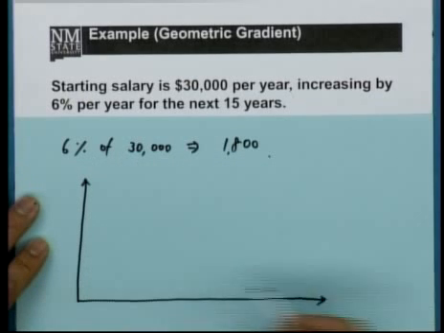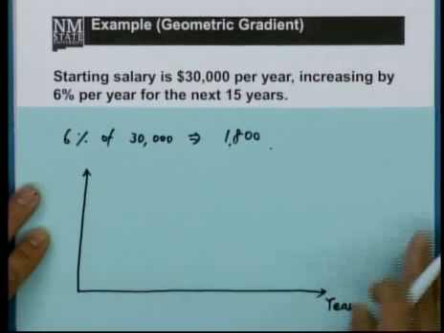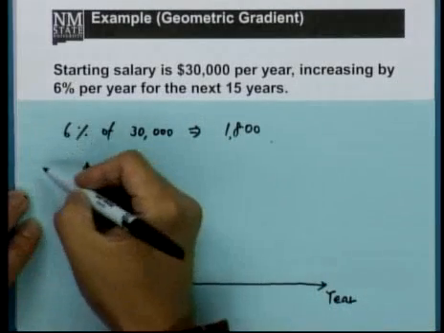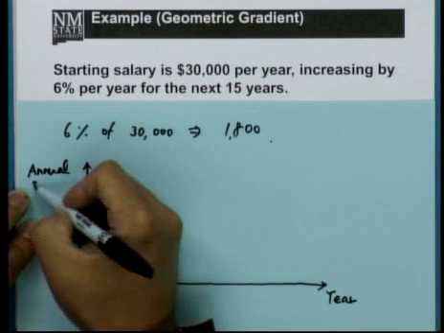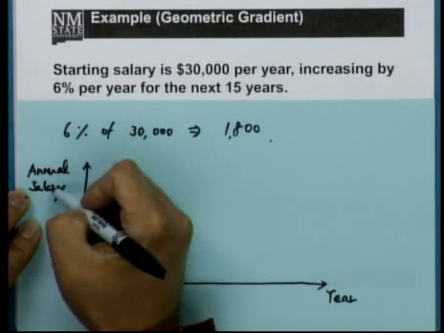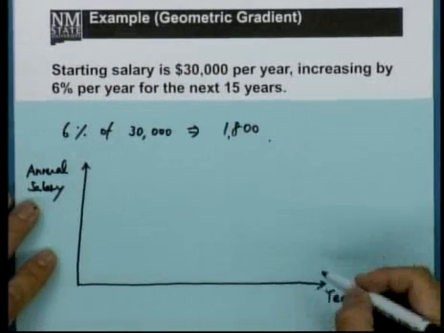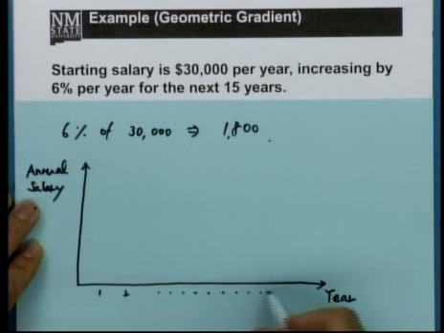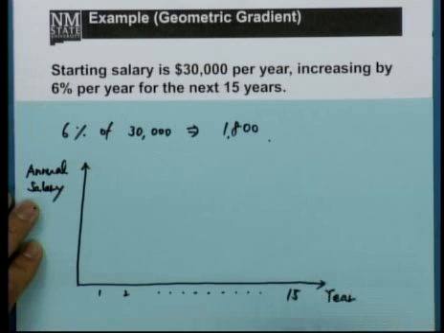So the horizontal axis represents a year, and the vertical axis represents the, let's say, annual salary amount. Okay. So 1, 2, 3, 4 through year 15, right?